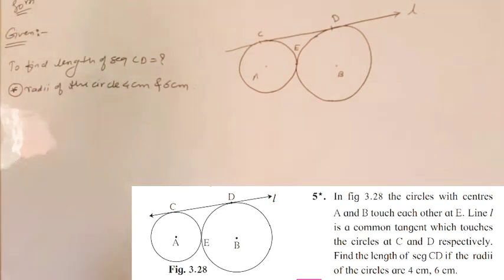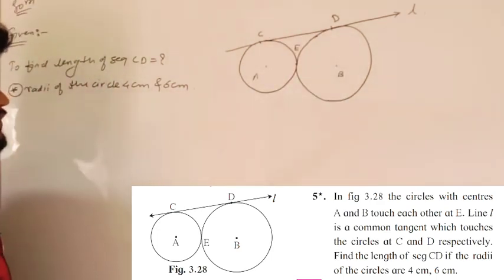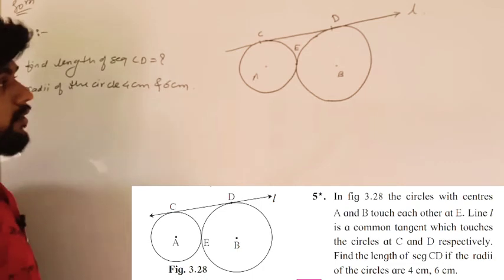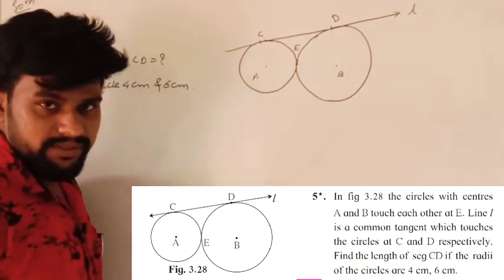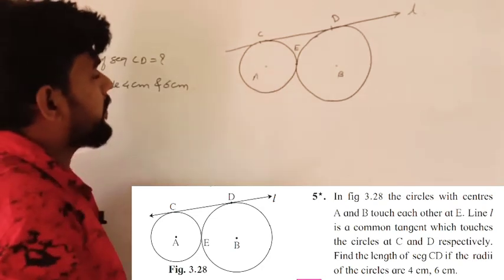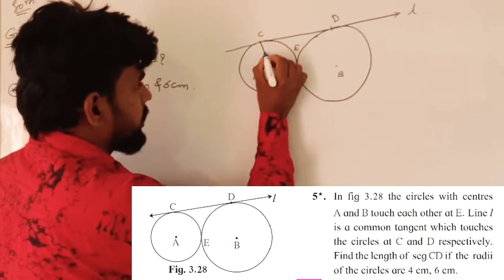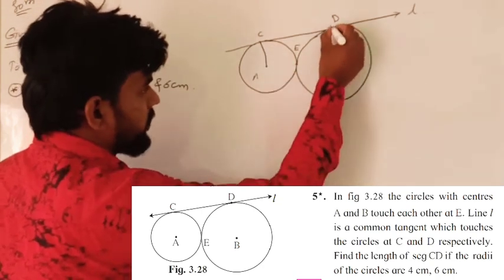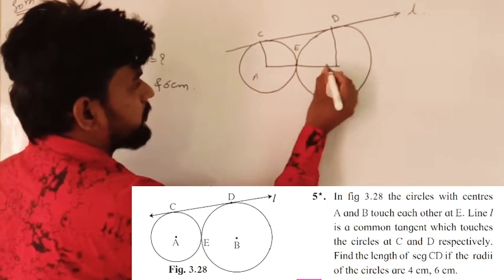First of all, we are asked to find CD. A and B are given, and the radius of the circle is given as 4 centimeters. So we have to join these points.